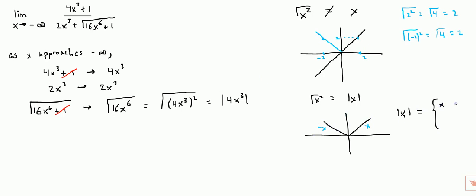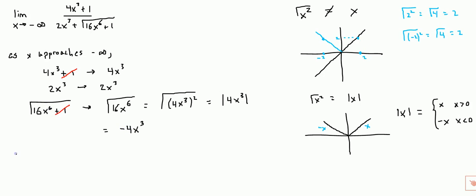So it's x when x is greater than 0, and it's negative x when x is less than 0. So that's pretty important for this problem because we have x tending to negative infinity. x is less than 0. So the absolute value of 4x cubed is equal to negative 4x cubed. Okay, so that's what this whole term tends to, negative 4x cubed.